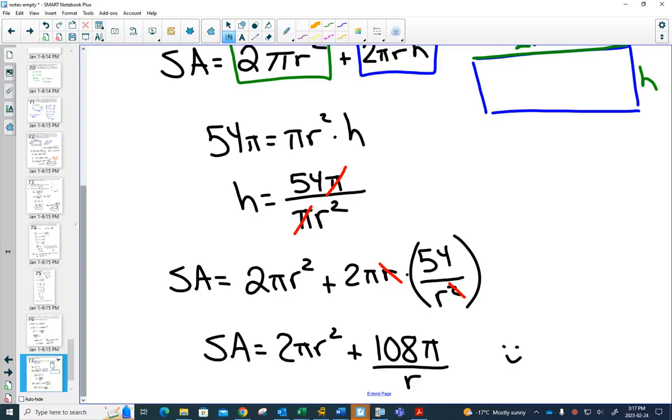And now we can actually solve that Coke problem. What should the radius and the height be to make the surface area a minimum? That will help you solve what the radius and the height of that can should be for Coca-Cola to use the least amount of aluminum possible.